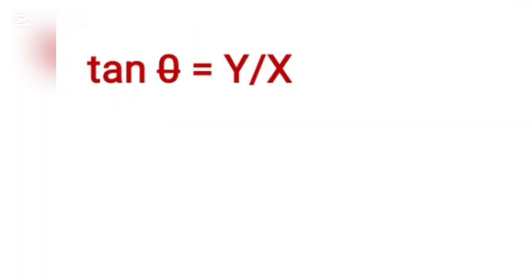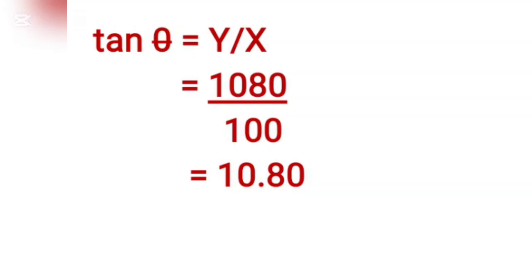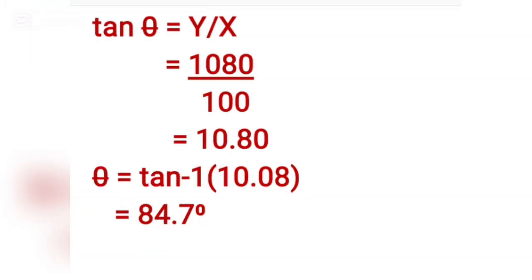To find the direction, we are going to use tan theta is equal to y over x. Our y is 1,080. Our x is 100. Substituting and simplifying, we will get 10.80. Then we find the tan inverse of 10.80. We get 84.7.